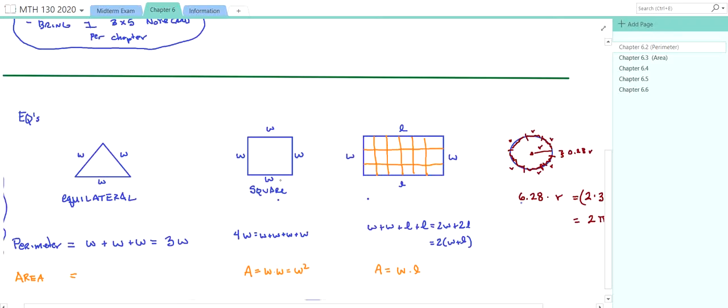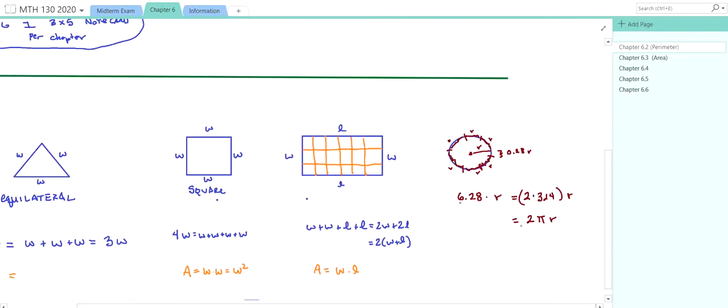And a square, all the sides on a square have the same length, so the perimeter is W plus W plus W plus W, equals 4W. The perimeter of a rectangle is W plus W. We have a width, and then we have a different length, plus L plus L. So 2W plus 2L, or we can pull out the 2, and we have 2 times (W plus L).